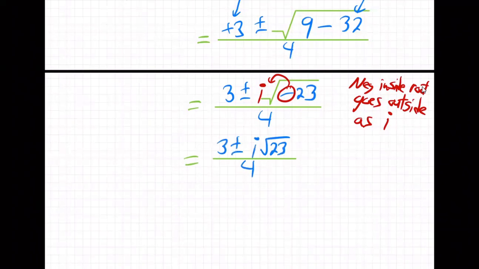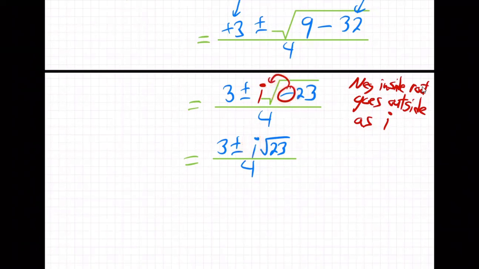Does everybody see that? The negative is no longer there. The negative that was inside the root goes outside as an i. We've done that before. That's what we always do when we have negatives inside of a square root. You grab this, you move it outside as an i.